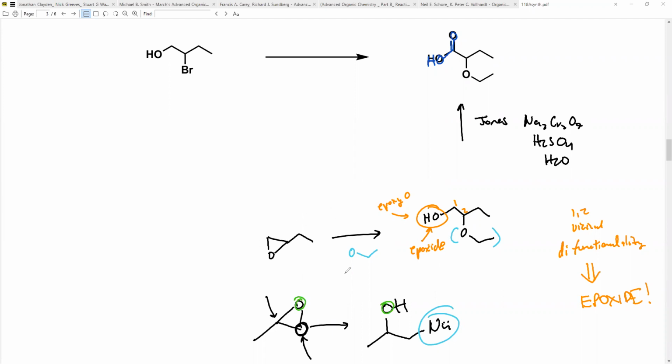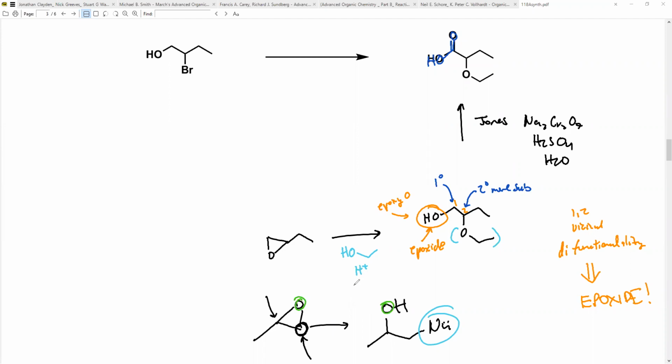Okay, now I can ask myself what condition did I use to add my ethoxy piece onto the epoxide? If I look at the epoxide, it is on a secondary carbon. If I look at my alcohol, it's on a primary carbon. So because my nucleophile added on the secondary, which is the more substituted carbon, I know that I want to use the protic version of the nucleophile in acid.